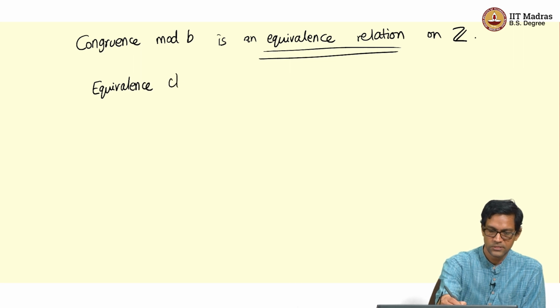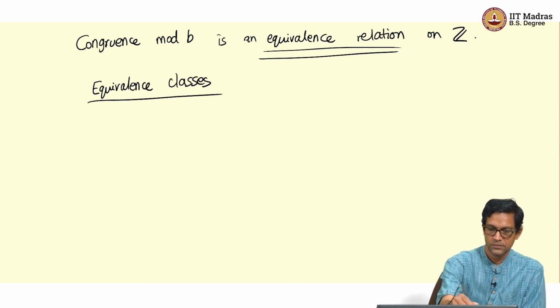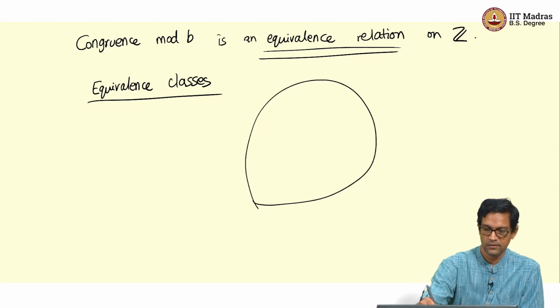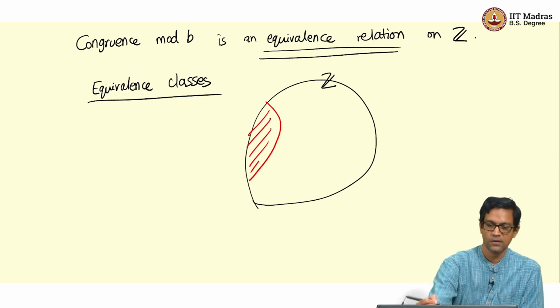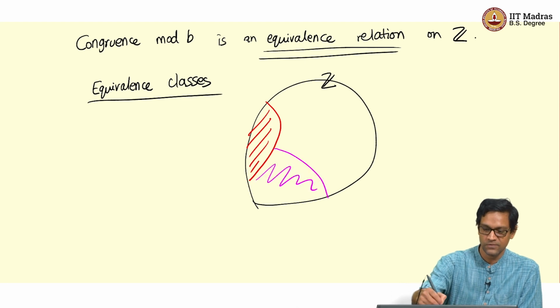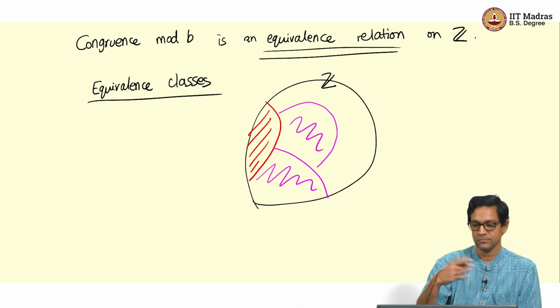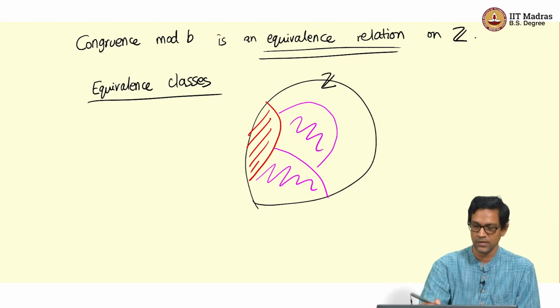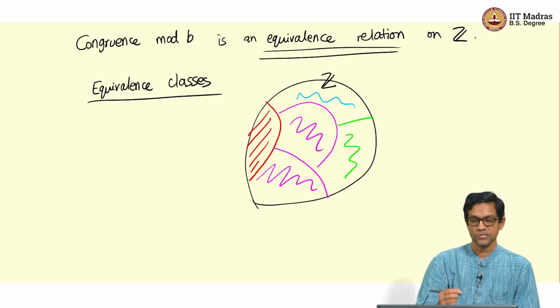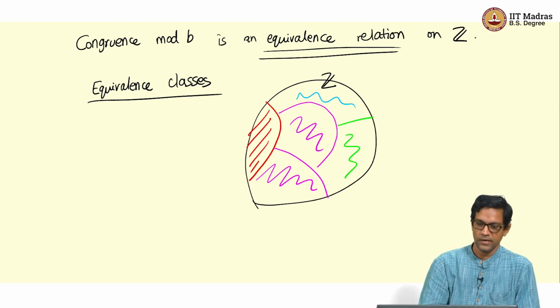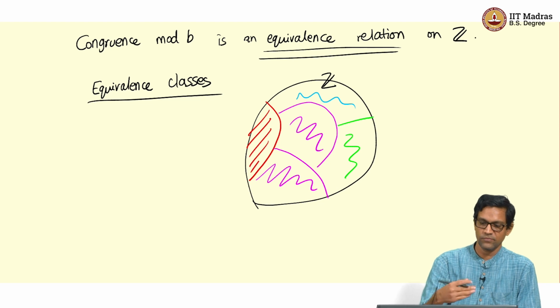An equivalence class just means you take your set, in this case the set of integers, and an equivalence class would be everything that is congruent to each other modulo B. Each of these subsets has things which are congruent to each other modulo B, and things in two different classes are not congruent to each other. So this is what the general picture of equivalence classes looks like.